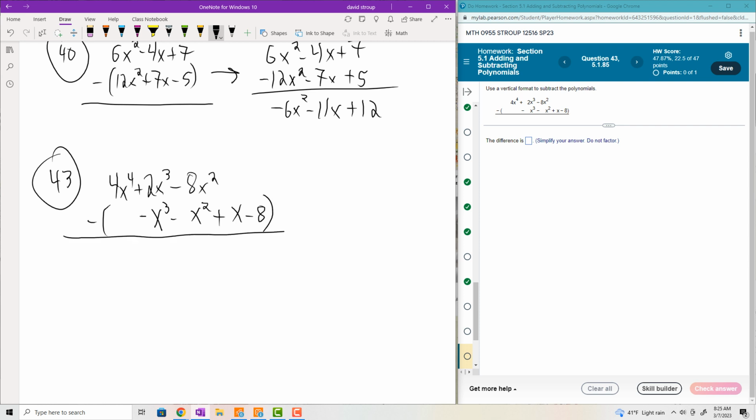Okay. So if you want to just do it in your head, so to speak, you get 4x to the fourth minus nothing, so 4x to the fourth, then 2x cubed minus negative x cubed, so that would be 2x cubed plus x cubed is plus 3x cubed, and then negative 8x squared minus negative x squared, so that would be plus x squared, ending up with negative 7x squared, and then nothing minus x is minus x, and then 0 minus negative 8 is plus 8.